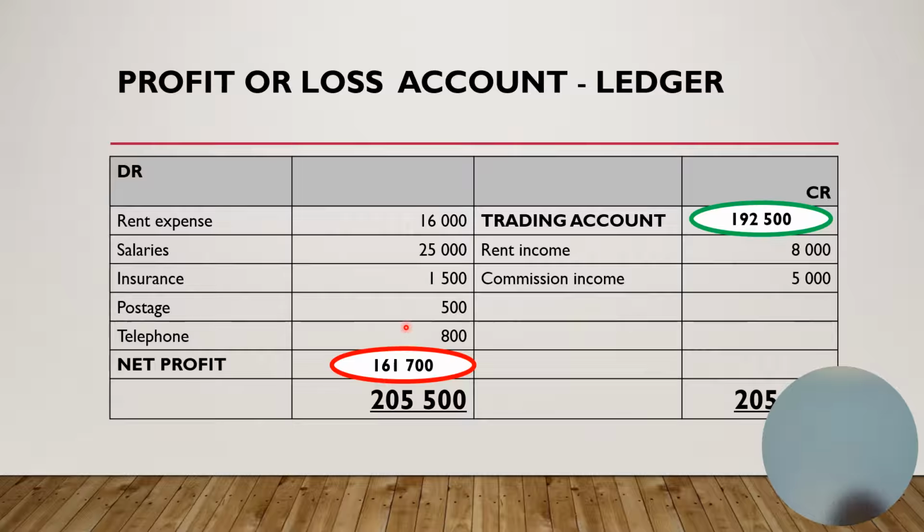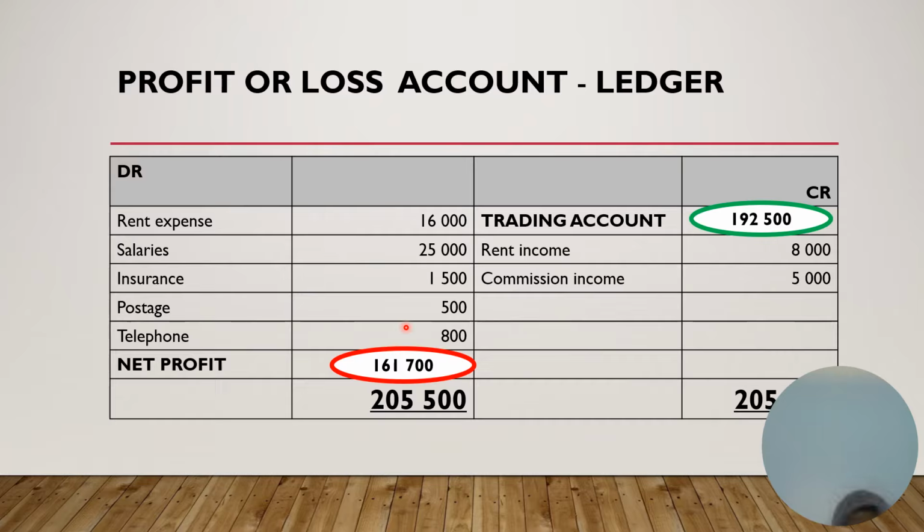Okay, you see these two accounts, they go together, but in order for you to do it right, you must start first with the trading account, whereby you say sales minus cost of sales. It gives you gross profit, and that gross profit you are going to use to calculate net profit.